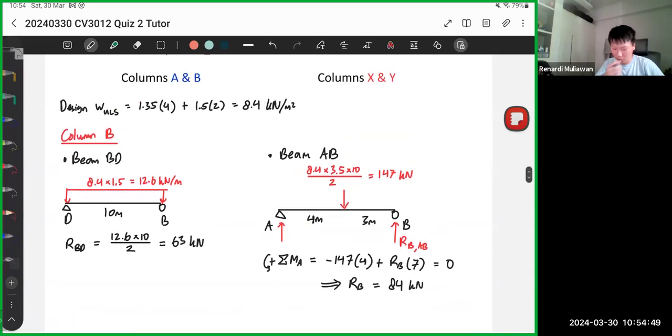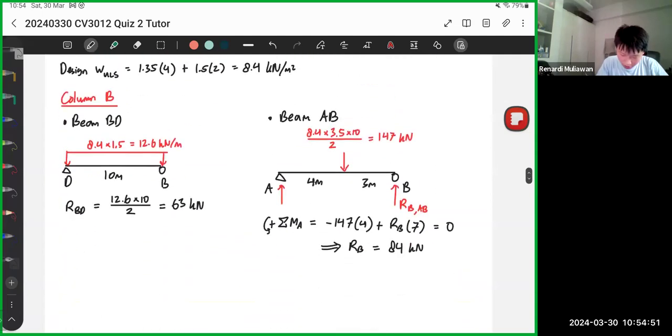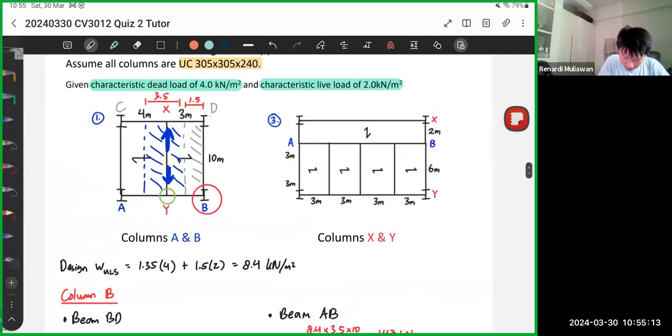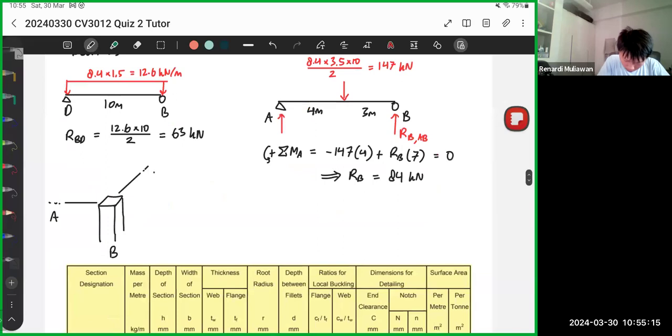Okay, so now we have the loadings, right? If we draw it in 3D, if this is your column, beam AB gives 84 kilonewtons, the reaction. So this is AB, this is B. This one is 2A, this one is 2D. So here is 84, here is 63.